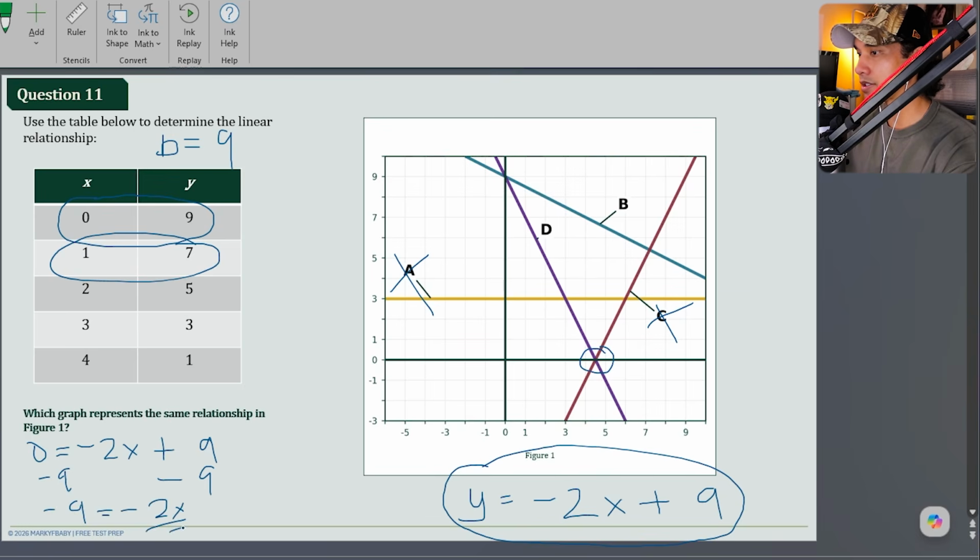We'll divide by negative 2 on both sides. x is equal to 4.5. And remember, negative 9 divided by negative 2 gives us a positive number. And 4.5, we look here. This is 3, this is 4, and it's about here between 4 and 5. And yes, this gives me enough confirmation to choose answer choice D for question 11.